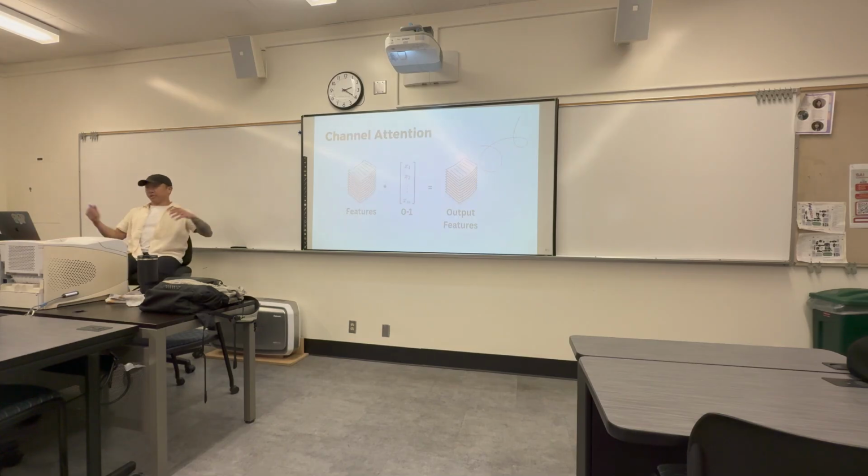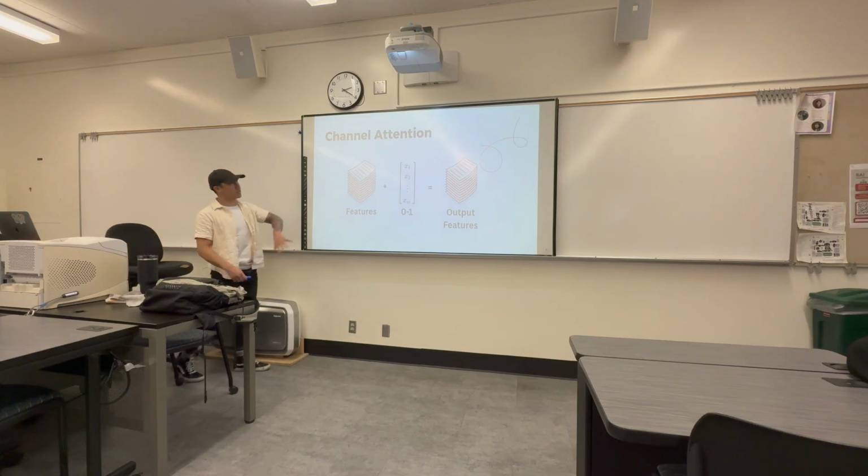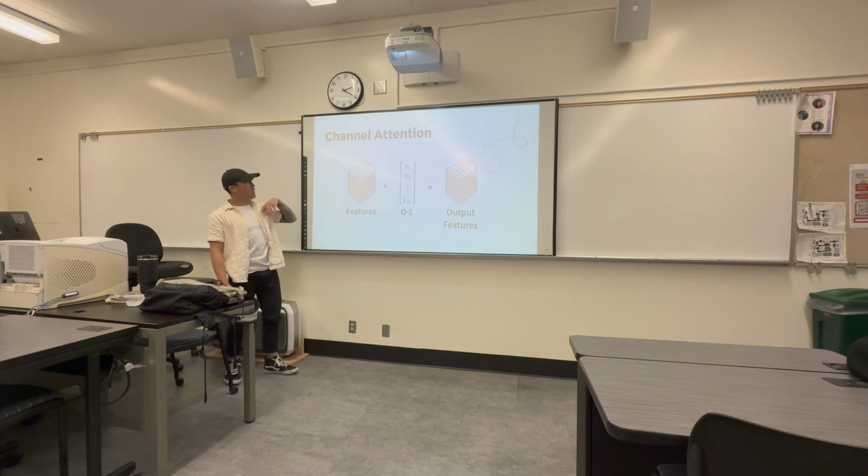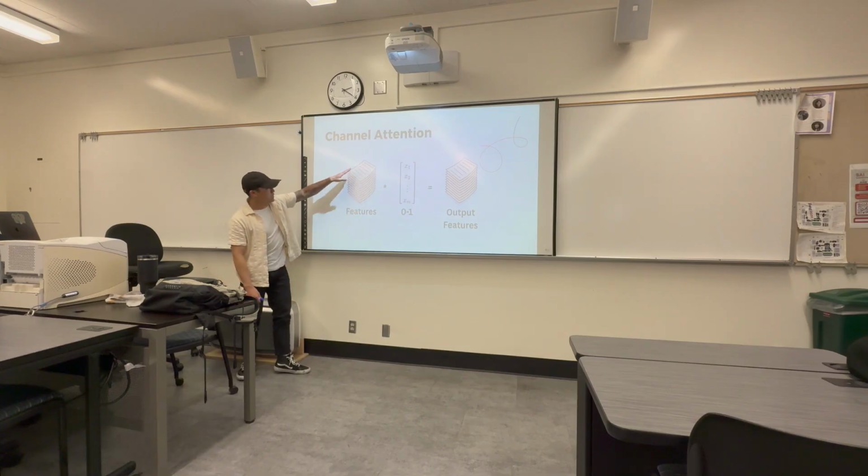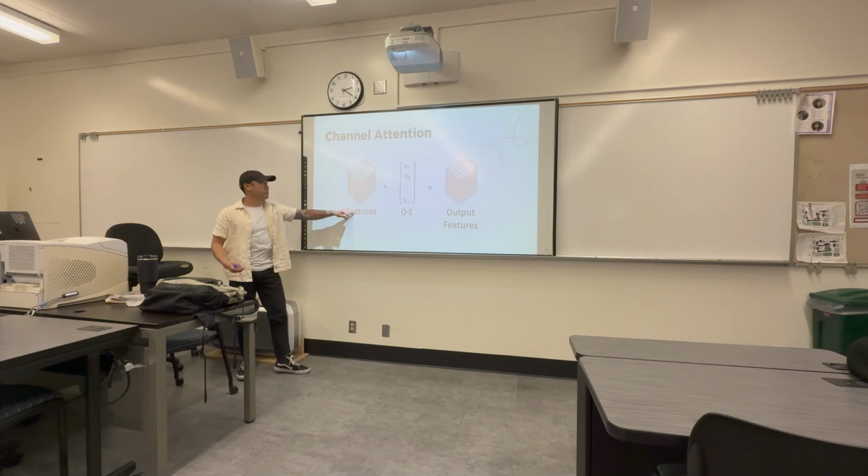So broadly speaking, channel attention is going to be taking our features in this very basic picture. I have a stack of papers where each paper is going to be a feature or a channel, a matrix. We have a stack of papers. That's going to be our channel dimension.